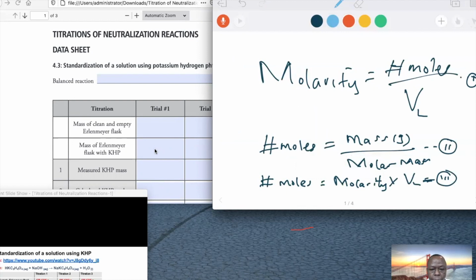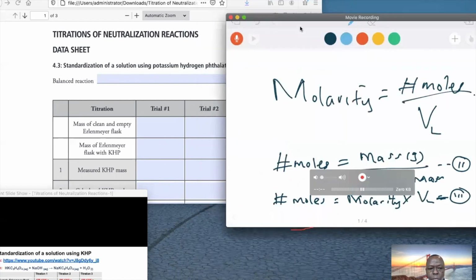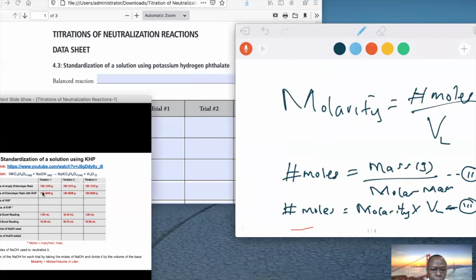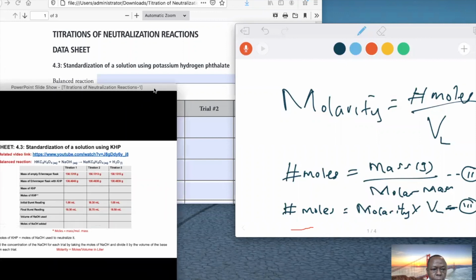Are we going to do trial 3? Yes, you'll do trial 3 because we have trial 3 here too. So this minus that, this minus that, this minus that gives you the mass of the KHP.